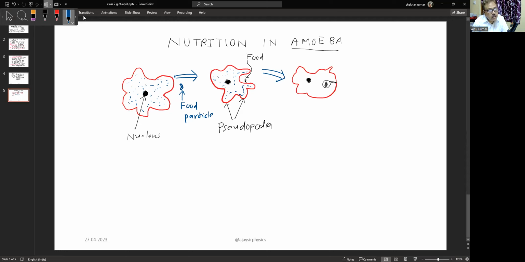You can see here, a very nice diagram it is. And we will locate where the food is. You can see the food part is inside. With the labelled diagram, we are showing the food vacuole.